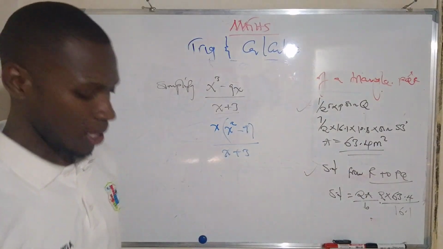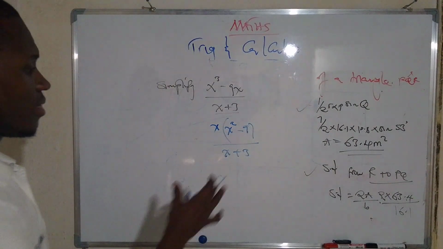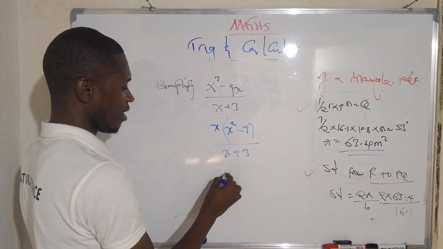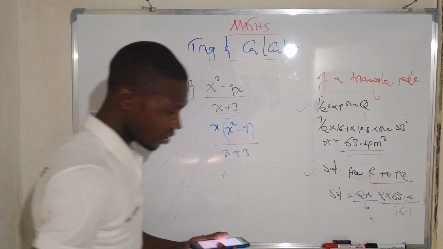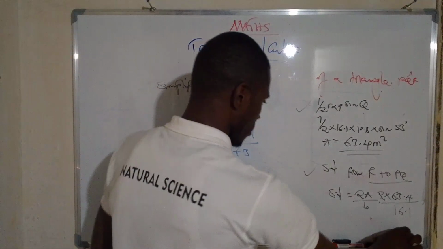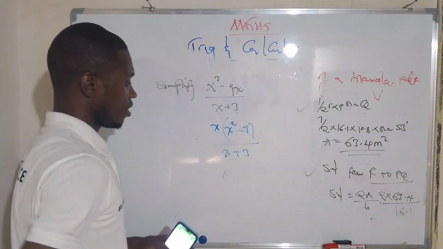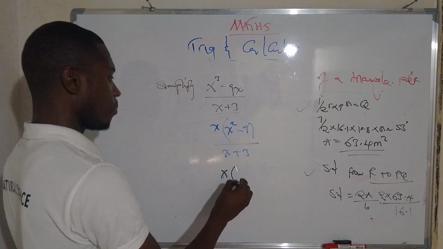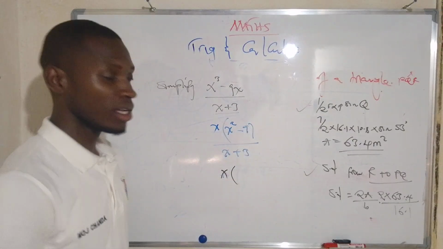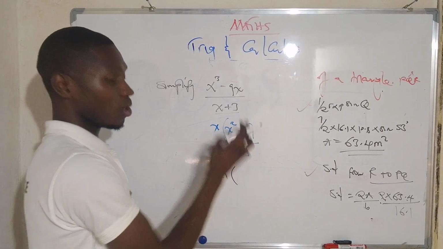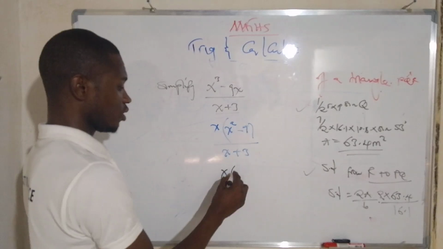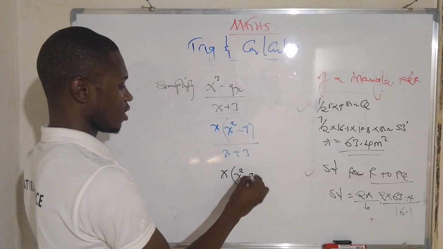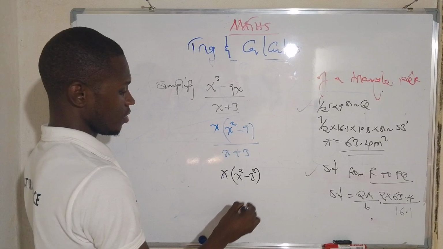So something is coming up now. Then from here, don't worry. You just say, okay, I have x, open bracket. The difference of 2 squares: make this number come twice to give you 9. So of course you have x to the power 2 minus 3 to the power 2.